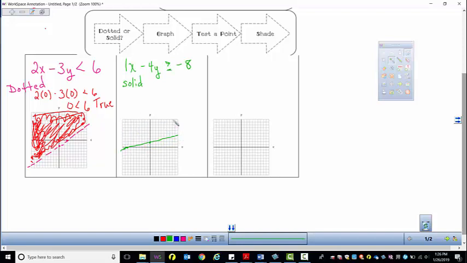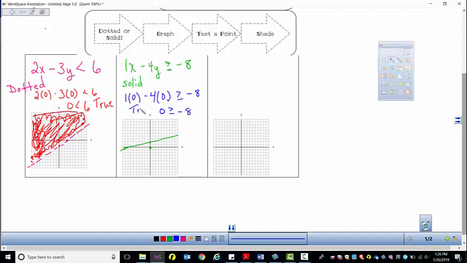So I have area above and I have area below. And I'm going to use the test point 0, 0 again, which my test point would be right there. So I'm going to say 1 times 0 minus 4 times 0 is greater than or equal to negative 8. Well, this whole side gives me 0 again. It's greater than or equal to negative 8. Is that true or false?